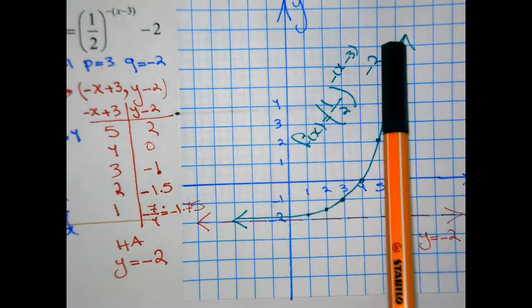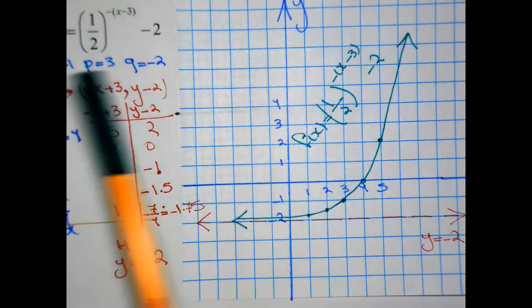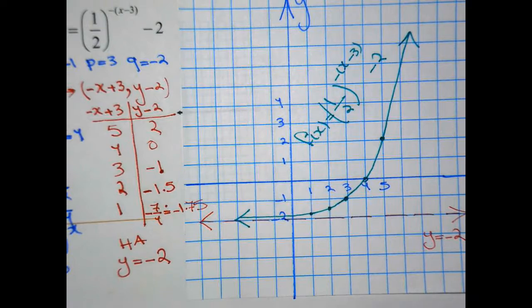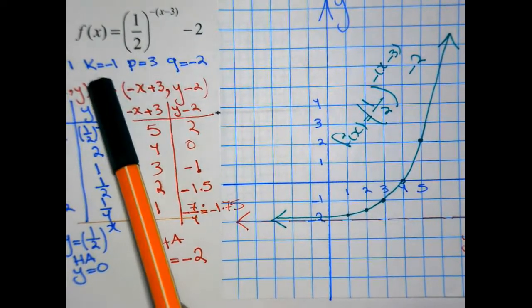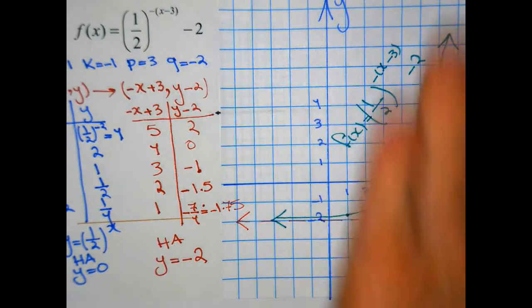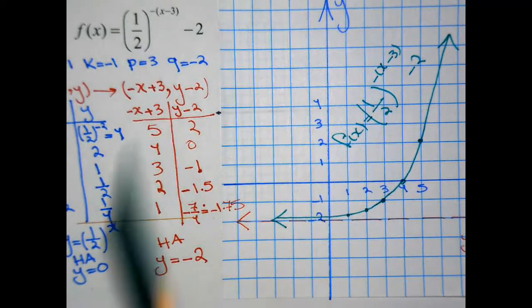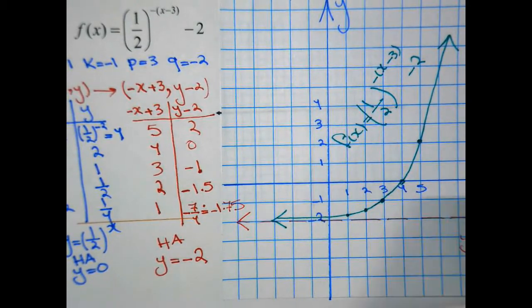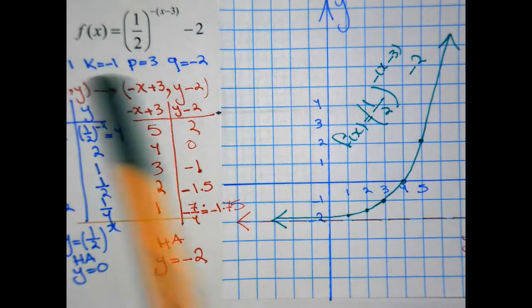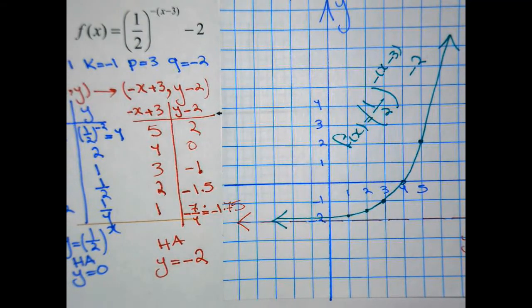So how come this is an increasing function? The key is here in this k value. Because our k value is negative 1, we had a reflection in the y-axis, meaning that the original basic function is actually a decreasing function, but because of the reflection in y-axis, it actually changes into an increasing. There are some homework.